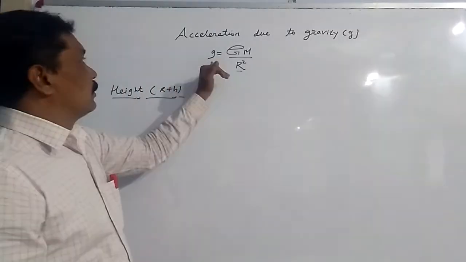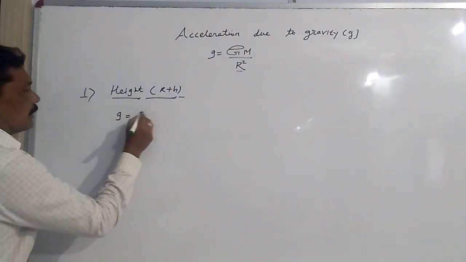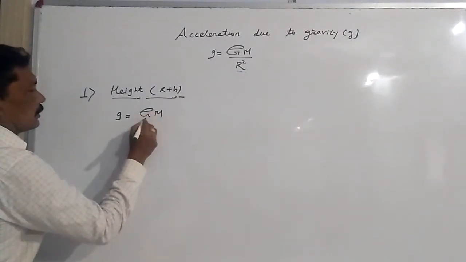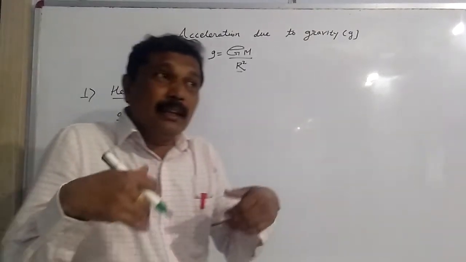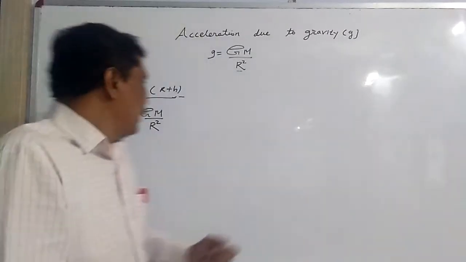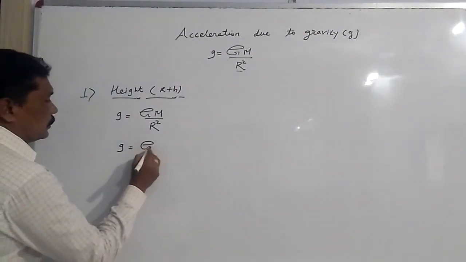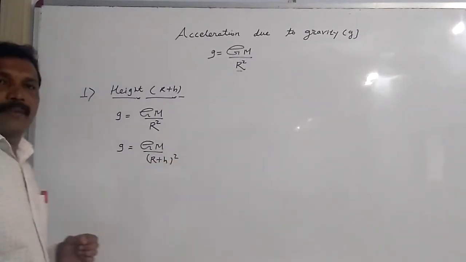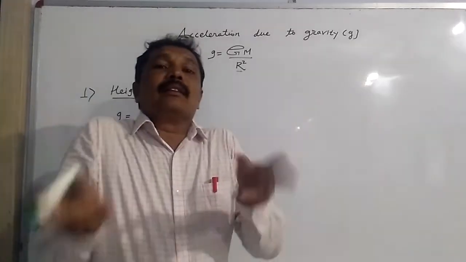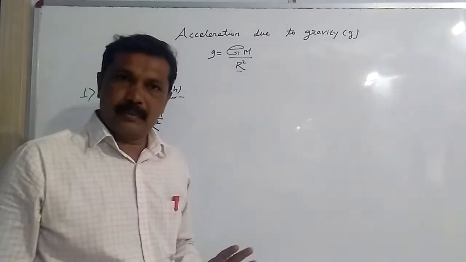We all know that acceleration due to gravity is GM upon R square. If we increase the height, what will happen? g is equal to GM upon (R plus h) square. So the height we will include in the radius of the earth.